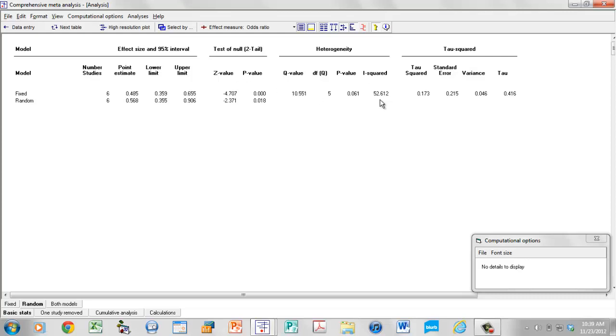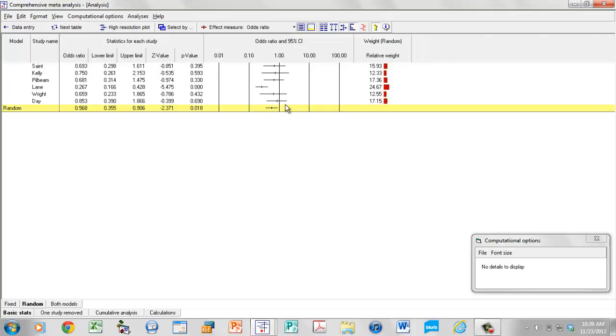The I-squared is 52, and what that means is that the amount of dispersion that we're looking at over here is the observed dispersion. But we know that at least some of that is just due to random error. If we could somehow go back and remove the random error so that what we were looking at was only true dispersion in effect sizes, what would that dispersion look like?